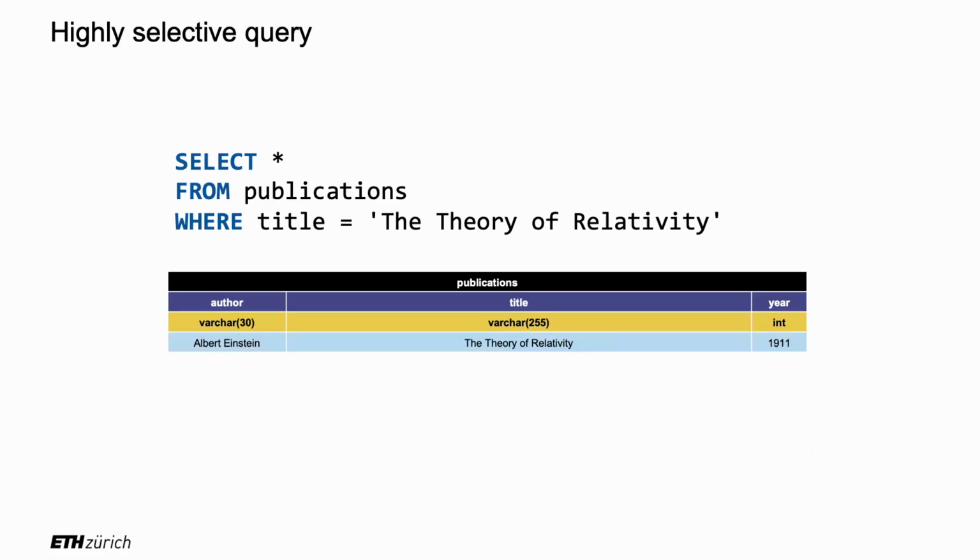Just to give you the order of magnitude, a modern database system is able to give you the tuple, even if there are 1 billion records in the table, in 1 or 2 milliseconds, very fast. This is because we use indices, and that's exactly what I'm going to show you.